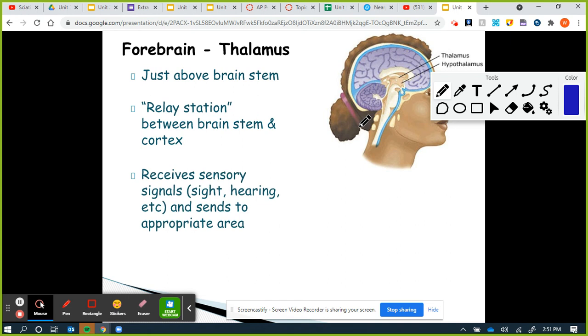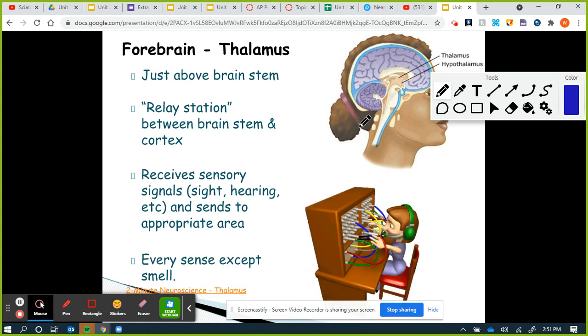The thalamus, it depends on what source you look at. I think most AP Psych textbooks agree that the thalamus is part of the forebrain, although I have seen it in part of the hindbrain. But the thalamus is the top of the brainstem. The brainstem projects up to the center of our brain.